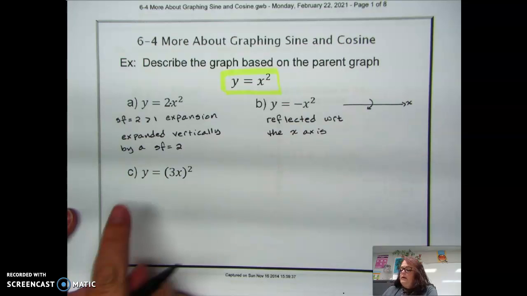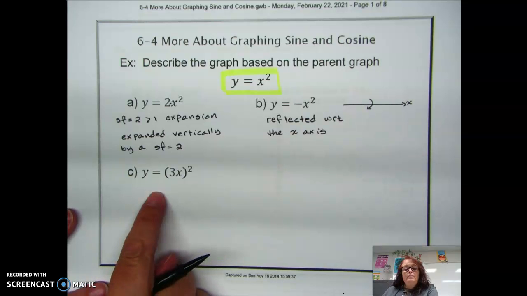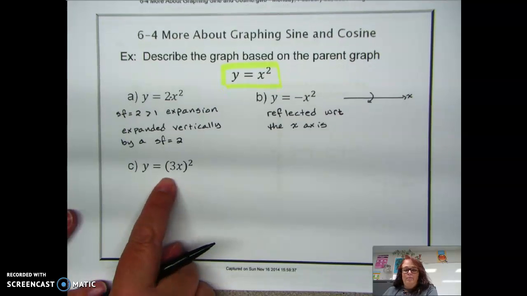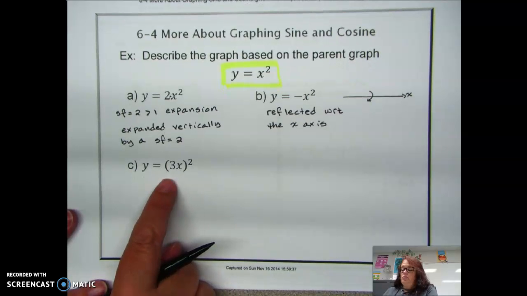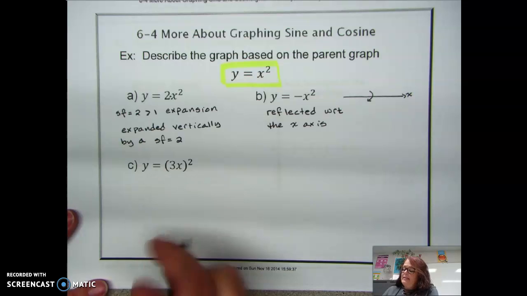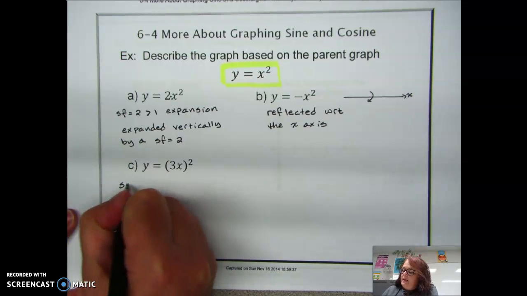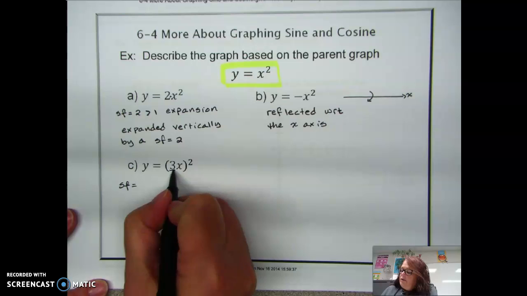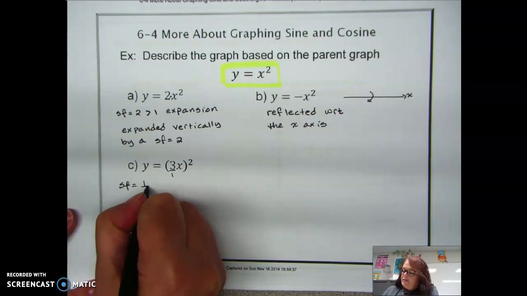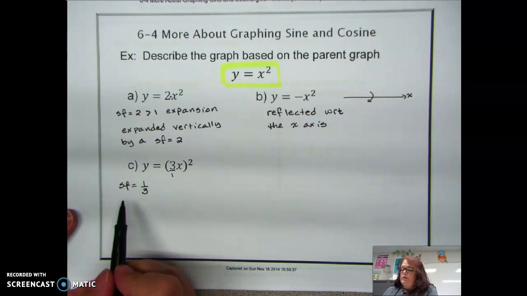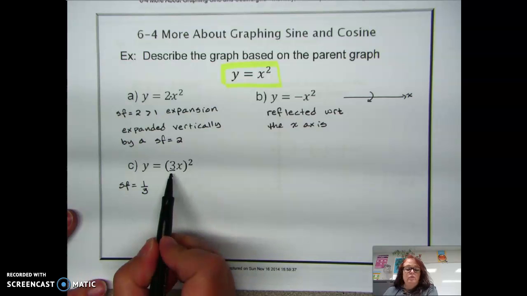All right. So then taking a look at C, remember that 3 is on the inside of the parentheses, so that means it's horizontal, and anytime it's horizontal, remember I kept saying we have work to do. So the scale factor is never going to be what it looks like, just like the translation will never be what it looks like. So in this case, instead of the scale factor being 3, we're going to call this 3 over 1, and the scale factor is going to be 1/3. So the scale factor for the horizontal stretch is going to be the reciprocal.